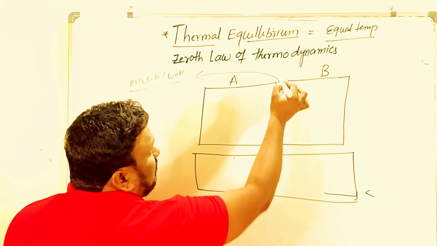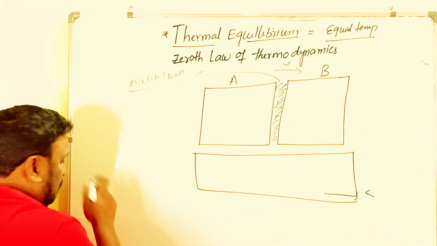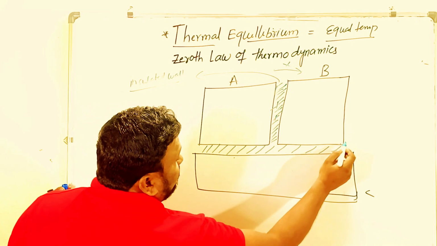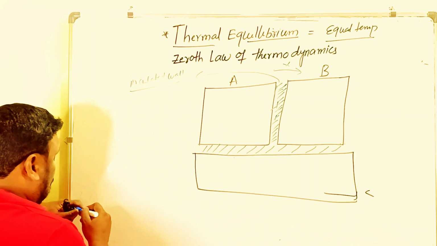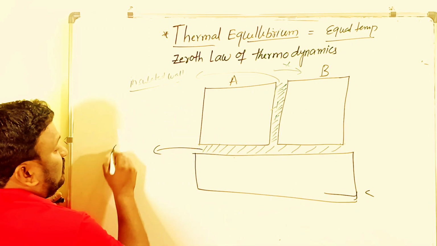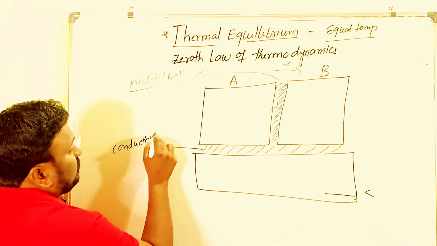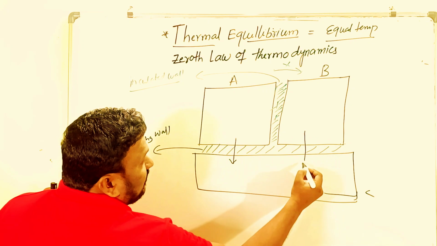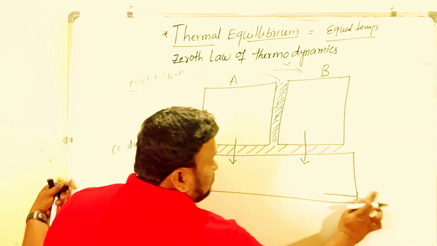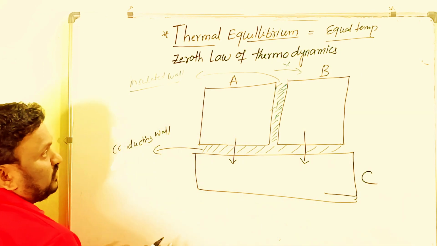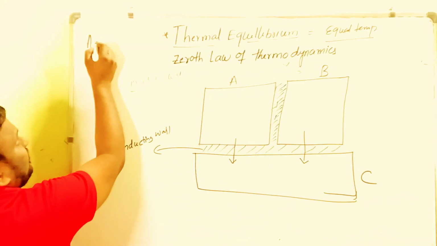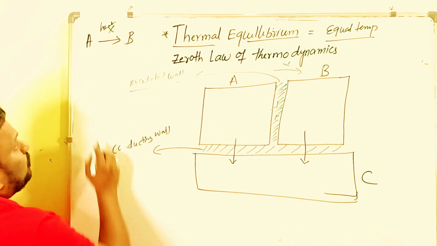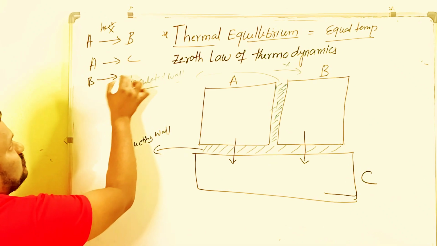Insulated means there is no transmission of heat between A and B. And there is a conducting wall, which means that heat is transferred from A to C and B to C. This is the third body C. Watch very carefully: there is no heat transfer between A and B, but heat is transferred from A to C and B to C.